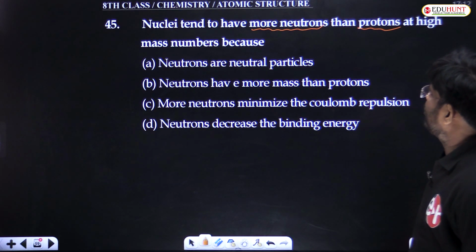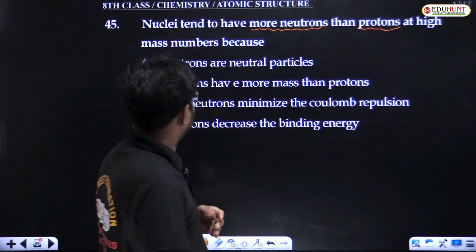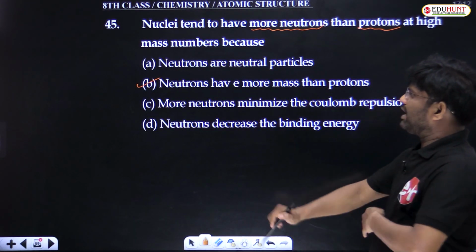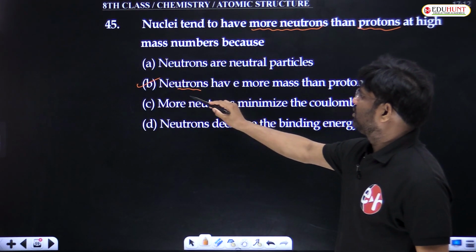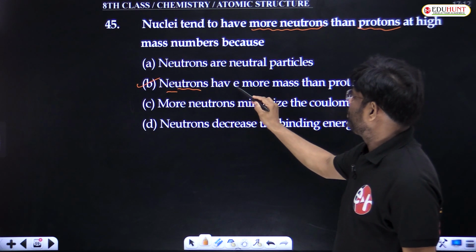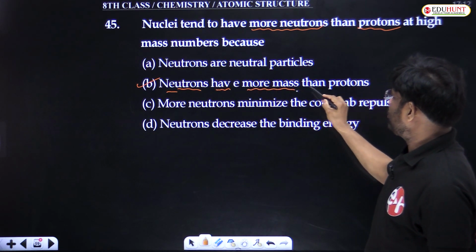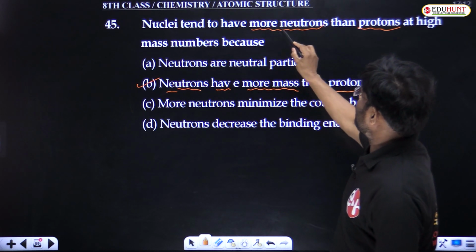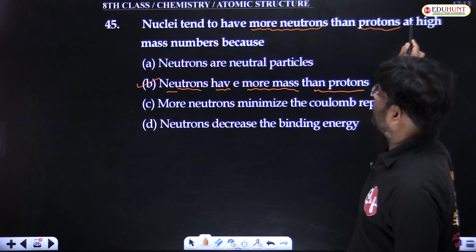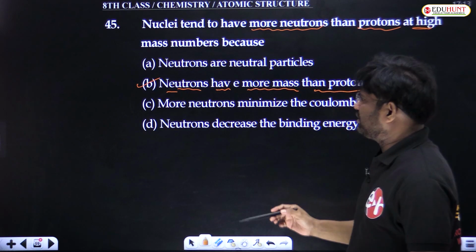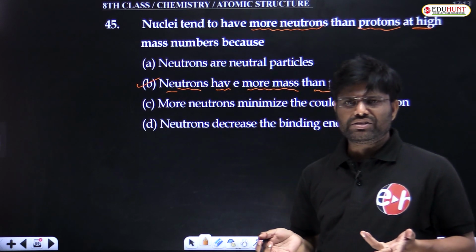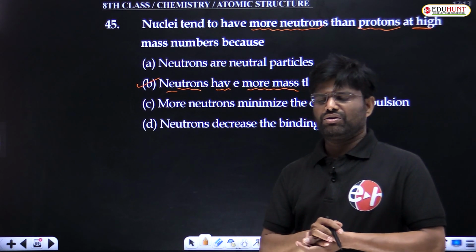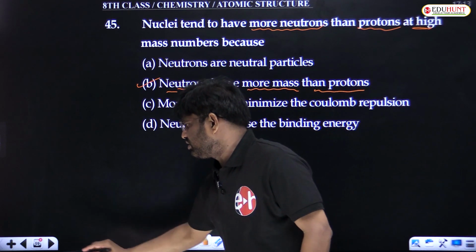The answer is B, because neutrons have more mass than protons, and at a high mass number, more neutrons means more mass. Let's go to the next question.